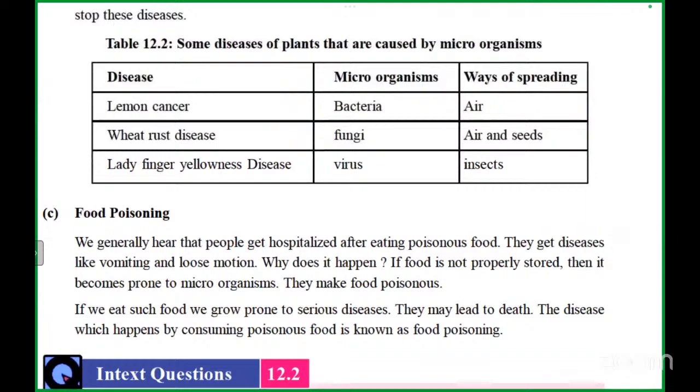The first one is lemon canker. It is caused by bacteria and spreads through air. The second one is wheat rust disease, caused by fungi and spreads through air and sea. Ladyfinger yellowness disease is caused by a virus and spreads through insects.